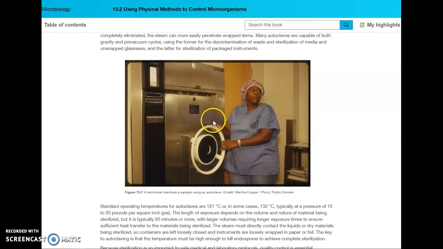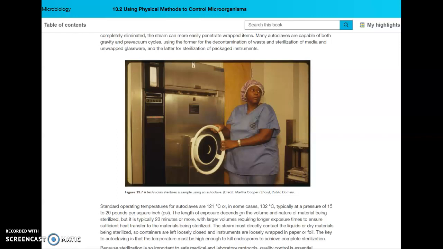This autoclave in this image here is a giant autoclave. So there would more than likely be a lot of surgical tools in this autoclave. And so it's going to take longer to get to the correct temperature and pressure. So the time that it takes to sterilize is going to be a little bit longer. Those tools are going to have to be left in the autoclave a little bit longer.